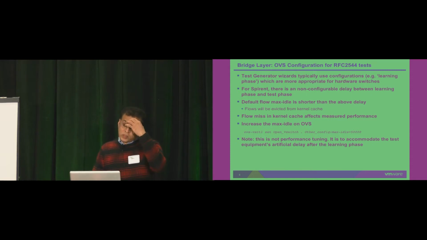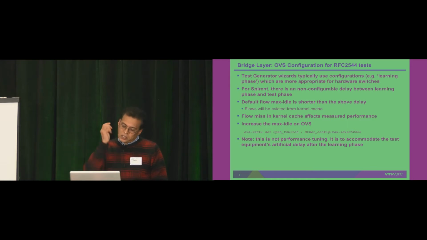So to prime the switches, what test generators usually do is have two phases, where the learning phase is to send some traffic, which would prime the switches, prime the caches, and then they start sending test traffic, which actually does the measurement, right? With OVS, the kernel cache is actually flushed pretty quickly, in the order of a second or two.